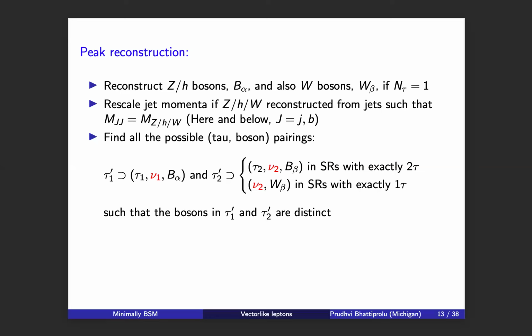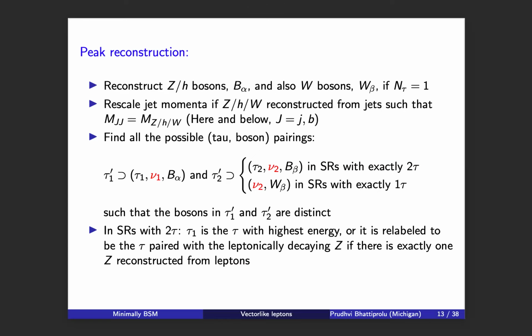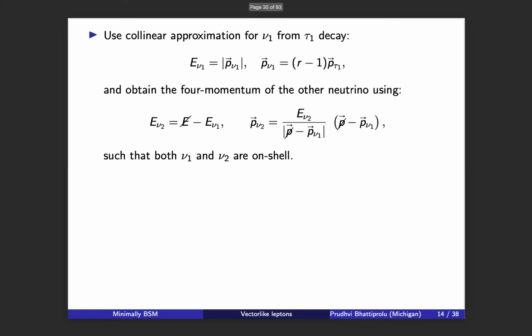And the neutrinos nu1 and nu2: nu1 is from the tau decay, and nu2, if it's the signal region with exactly 2 taus, is the neutrino from tau decay, or if it's the signal region with exactly 1 tau, then the neutrino is produced in association with the W. Either way, we have to reconstruct the neutrino 4-momenta in order to reconstruct the mass of the tau primes. I won't go into the detail of how we label 1 and 2, but I can talk more about that later if anyone is interested.